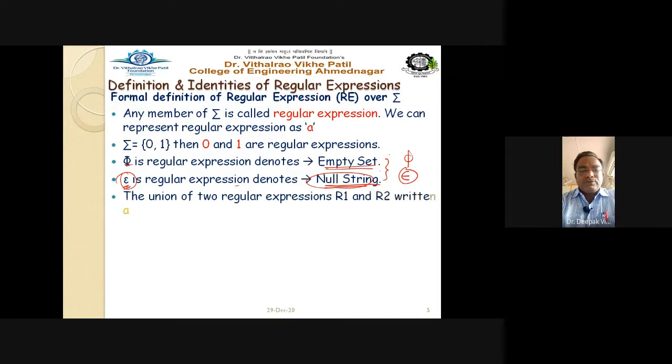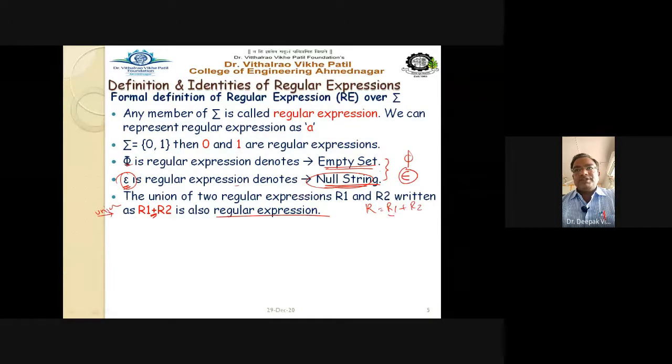The union of two regular expressions, for example R1 and R2, written as R1 + R2, the symbol of union, remember, this is the symbol for union, is also a regular expression. So if I have R equal to R1 + R2, where R1 is a regular expression and R2 is a regular expression, then definitely R is also a regular expression, because I am taking the union of two regular expressions.